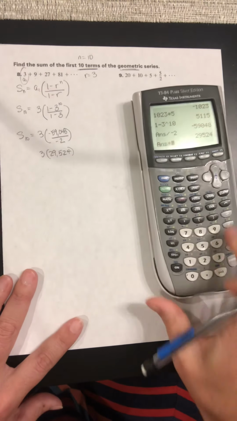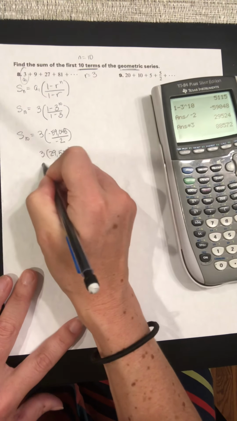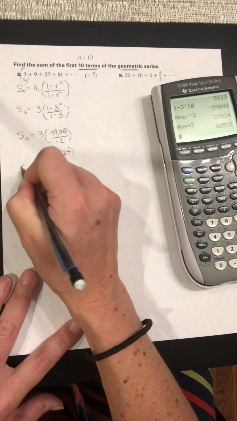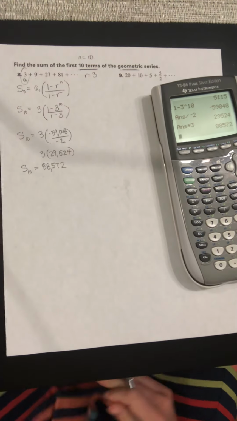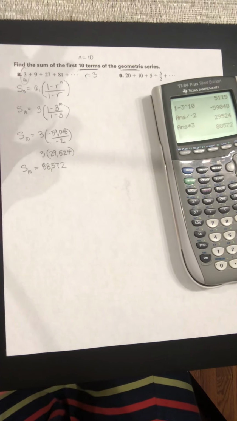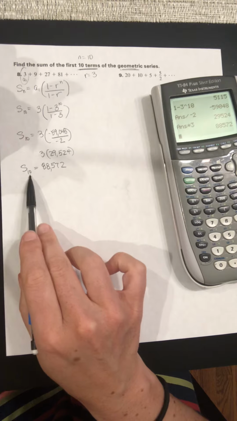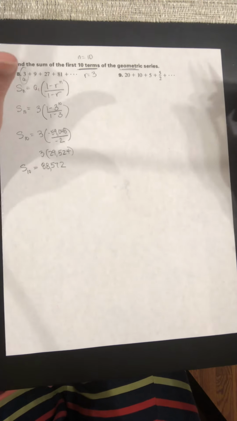Then I multiply that guy by 3, and I get 88,572. So a little bigger. Again, it can be millions, so don't think you're wrong. But that's our sum through 10 terms, and that's our answer.